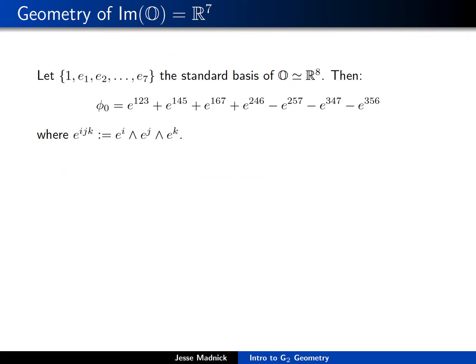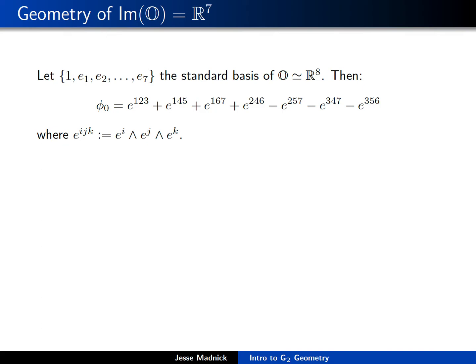Okay, so you might ask, what does this look like in a basis? It's maybe not that pretty. If you let 1, E1 through E7 be the standard basis of the octonions, R^8, then phi 0, the associative 3-form, is this right here: E123 plus E145, etc., where E_ijk is the wedge product of E_i wedge E_j wedge E_k.